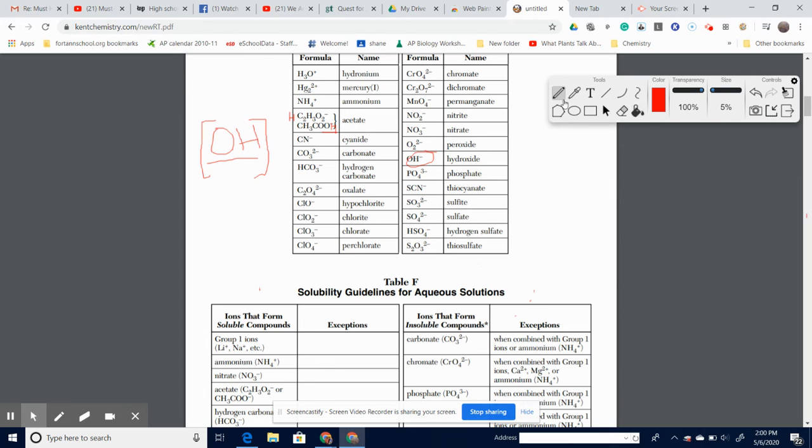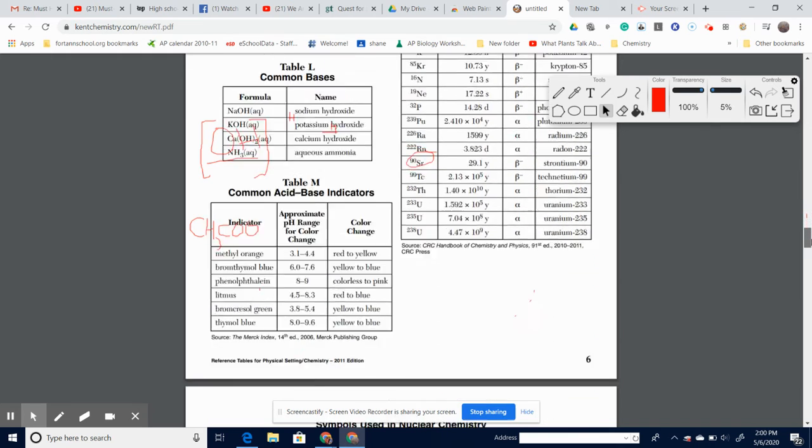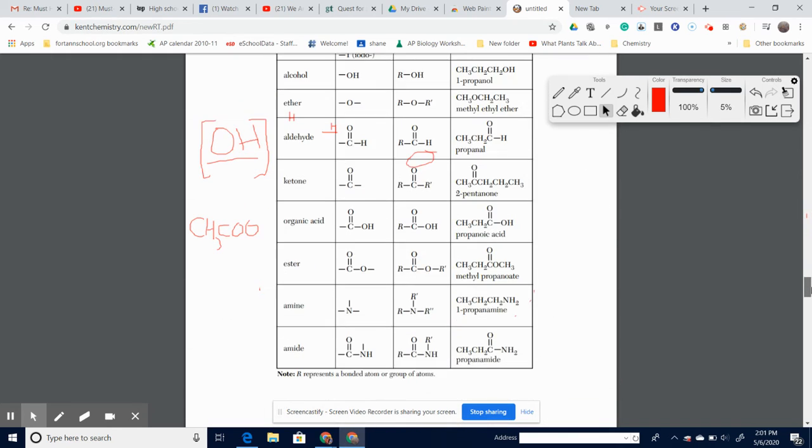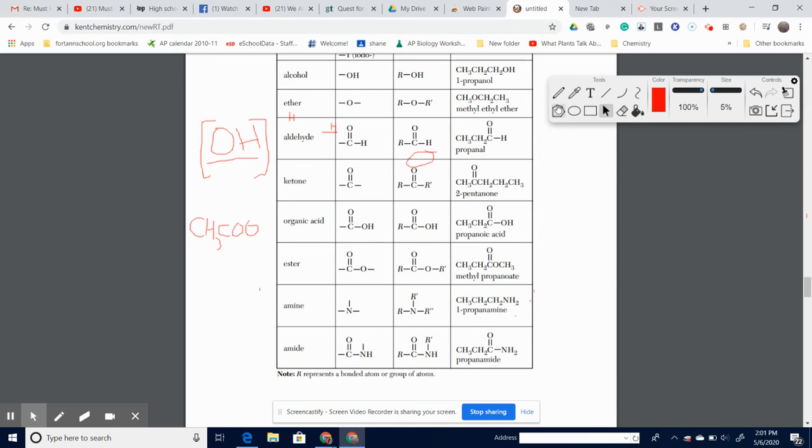However, if we go to an organic compound or organic acid like CH3COOH, this is covalently bonded right here.